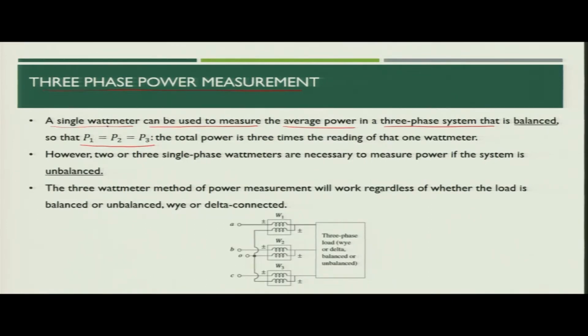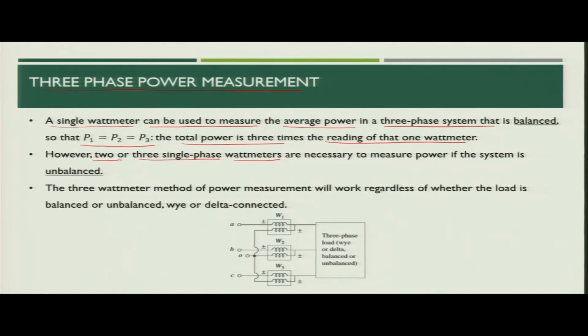So, if we measure power for one single phase, the total power will be 3 times the reading of one wattmeter. Now, if the system is unbalanced, the single wattmeter method cannot be utilized. In that case we need either 2 or 3 single phase wattmeters to find out the total power in case of unbalanced 3 phase system.